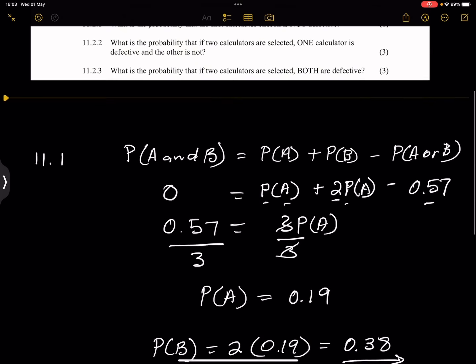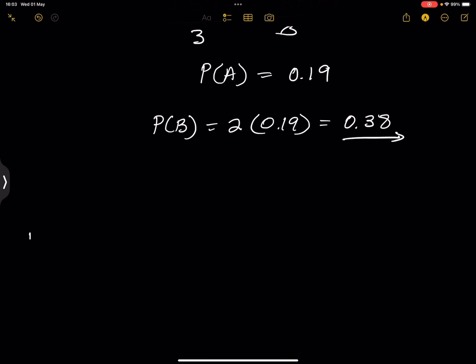So I'm going to represent this as a tree diagram. I'm going to have my first pick, and I'll have my second pick.